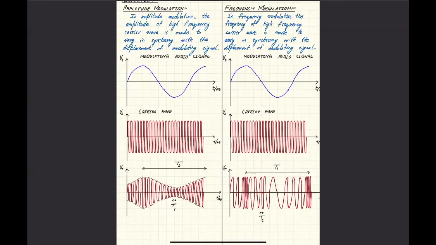So where the signal is higher, the frequency would have increased. Where the signal is lower, the frequency would have decreased. But right below the point where the signal is 0, the frequency would still be the same. So I could also read the time period of the carrier wave from here, which would be unchanged because the original signal is 0, and the amount of change in frequency corresponds to the amount of signal. But this is an alternative way of doing it.